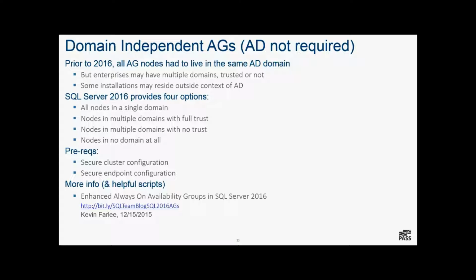They can be supported in multiple domains without trust. And one or more nodes don't even have to be in a domain at all. They can be members of a workgroup or different workgroups. Pretty exciting and interesting stuff. It lends itself to a great deal of flexibility in those enterprise environments out there. More info and a very detailed walkthrough is available at this blog from Kevin Farley of the SQL Server Program Group.